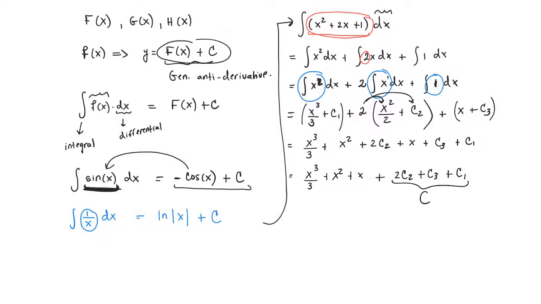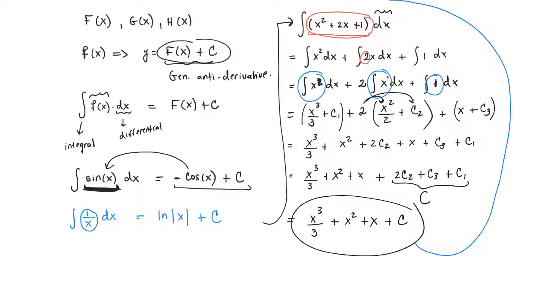They all collapse to C. So what you really write is just x to the third over 3 plus x squared plus x plus C. And that's how you find the general antiderivative of the original quadratic that you were given. And that makes perfect sense. If you were given a quadratic, its antiderivative had to be a polynomial with degree 3.